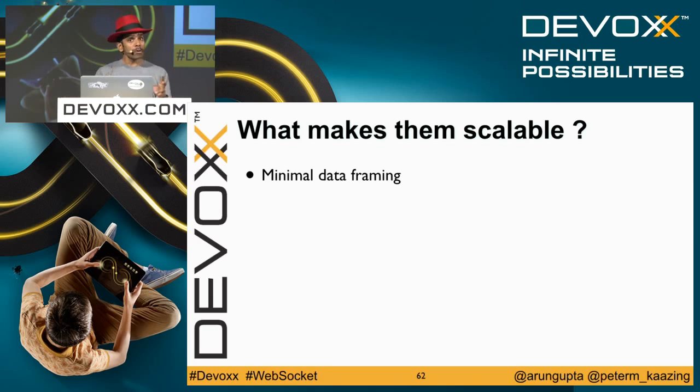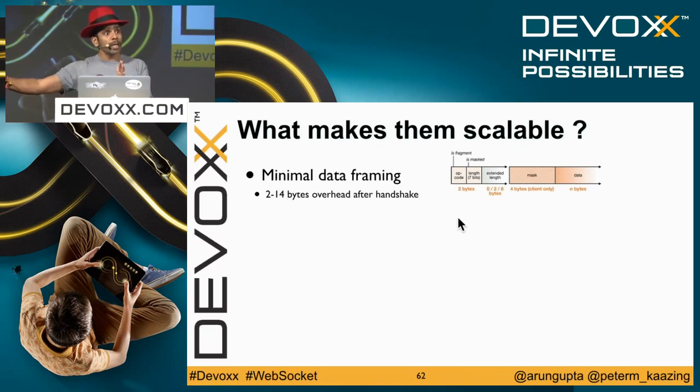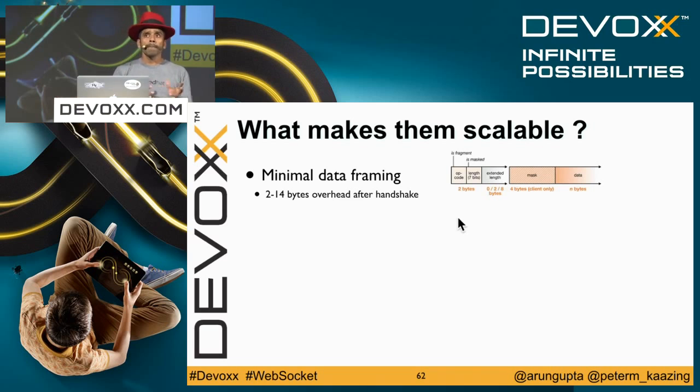WebSocket is a lean protocol, with very minimal data framing. This is a snapshot from Peter's book, actually. It talks about how the framing is being done. And literally there is 2 to 14 bytes total of overhead when you are sending data. And the amount of data that can be sent over the wire is potentially unlimited, or practically unlimited in that sense.